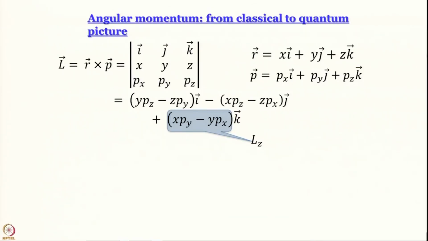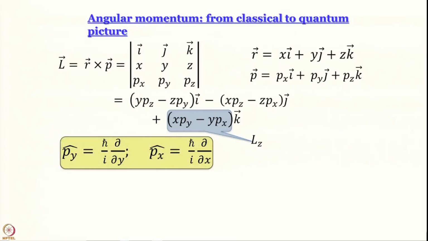It will be the same thing, x hat times py hat, without forgetting that these are operators, minus y hat times px hat. This is Lz. Similarly, one can work out that py is equal to h cross by i del del y, px is equal to h cross by i del del x, very simple expressions, you can even remember them, but not required.